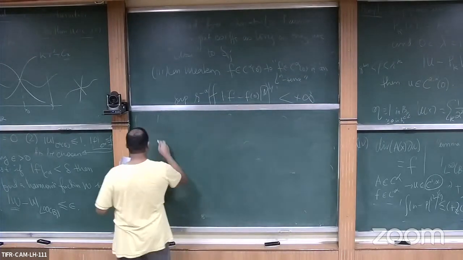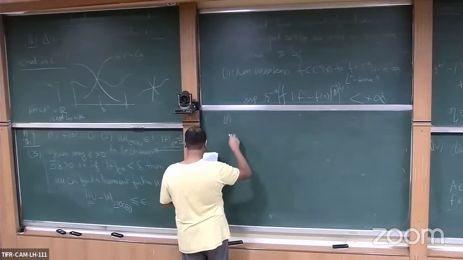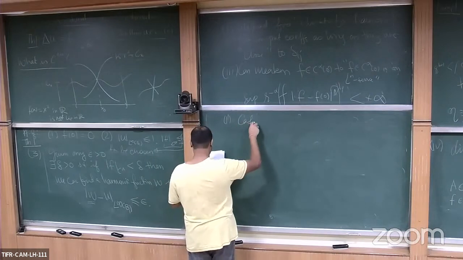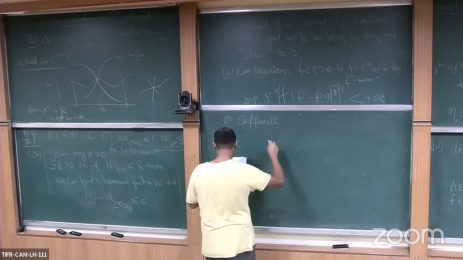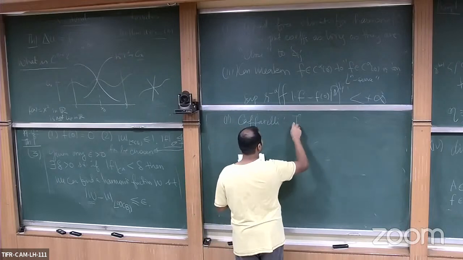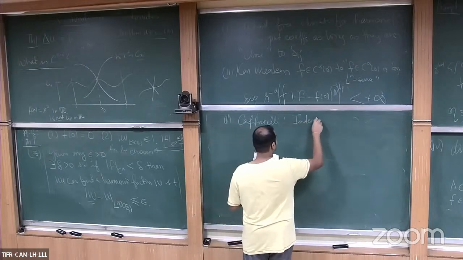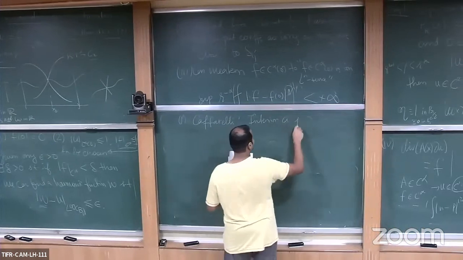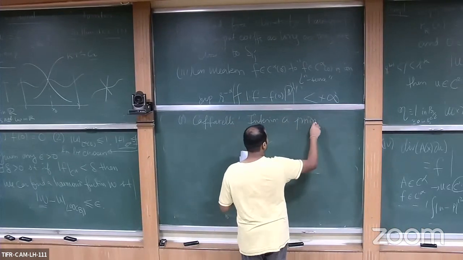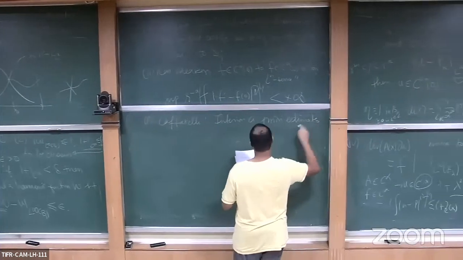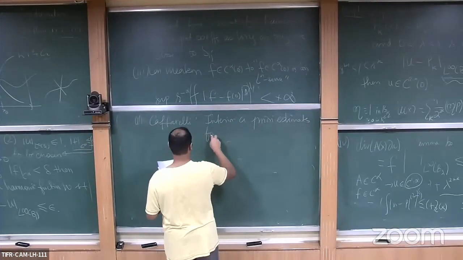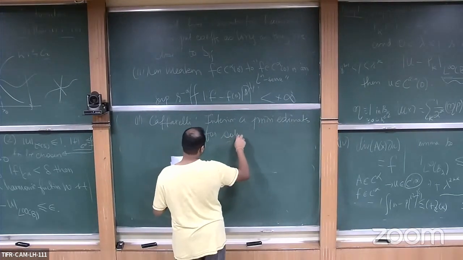The paper is titled, famous, a priori estimates for solutions.